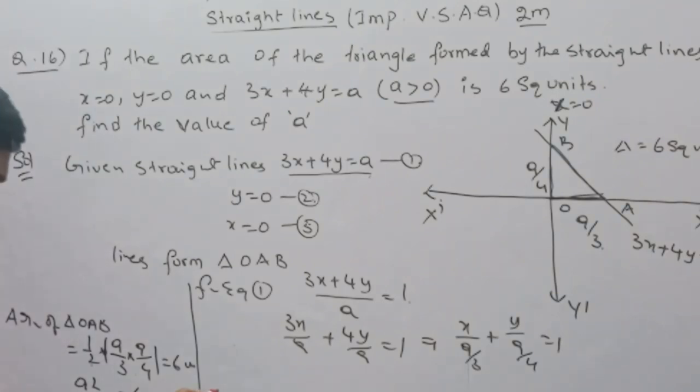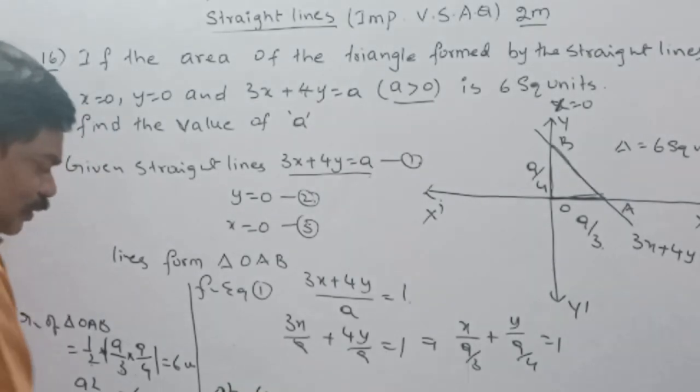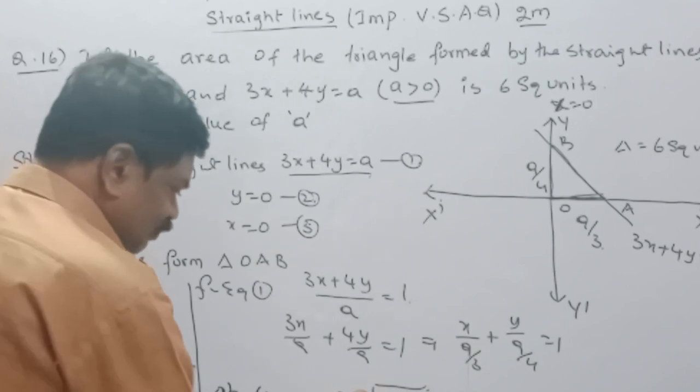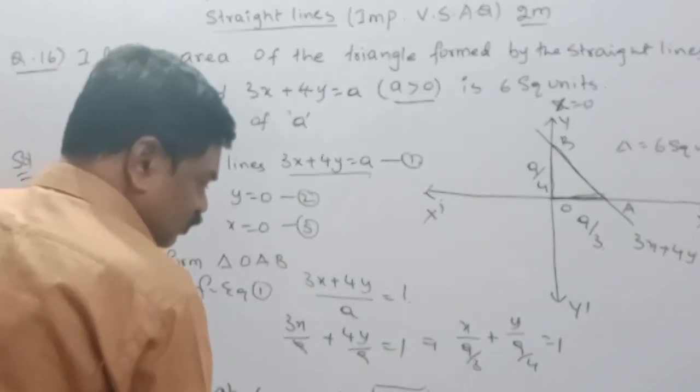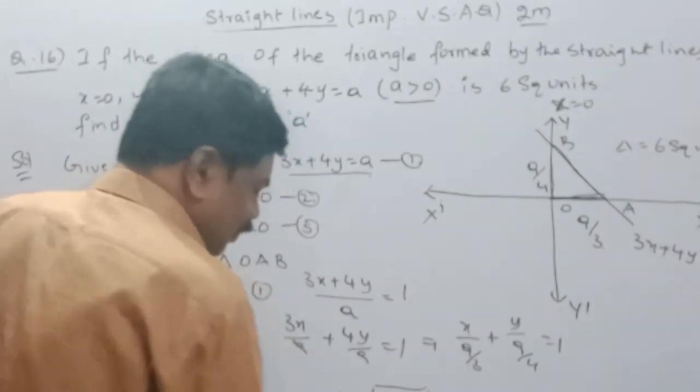From this you can write a squared equals, by cross multiplication, 6 into 24. This can be written as a equals root over 6 into 6 into 4, so 6 into 2 equals 12.